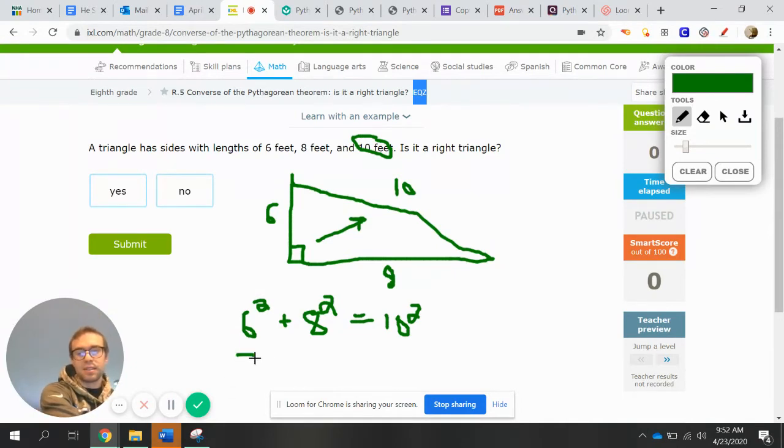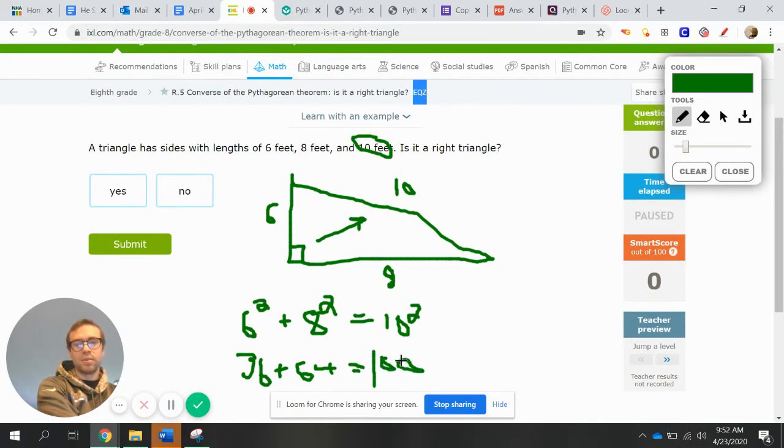So this is 36 plus 64. Does that equal 100? Hold on, my mouse is freaking out here. All right, does that equal 100?